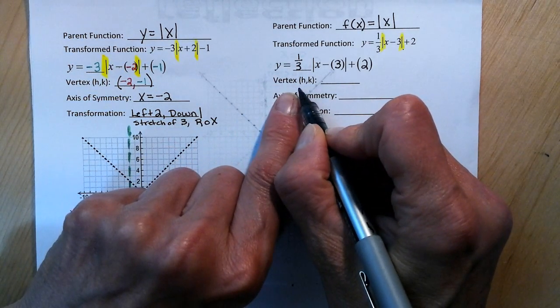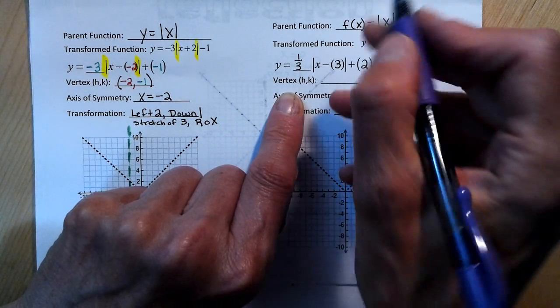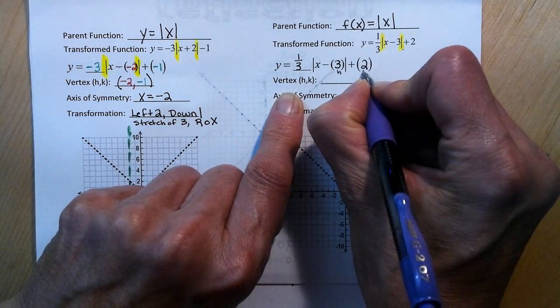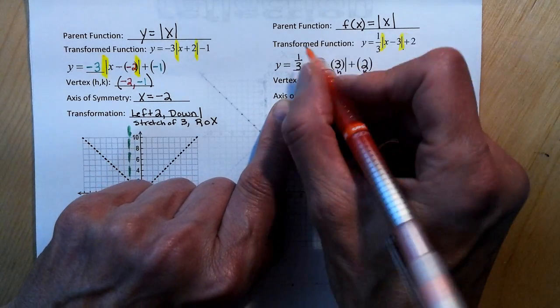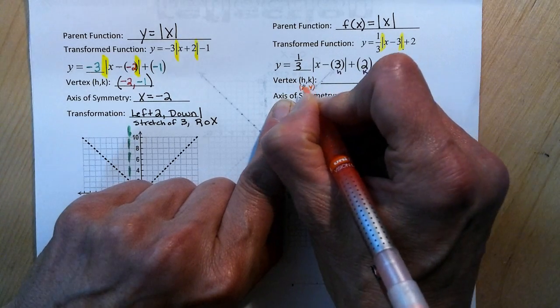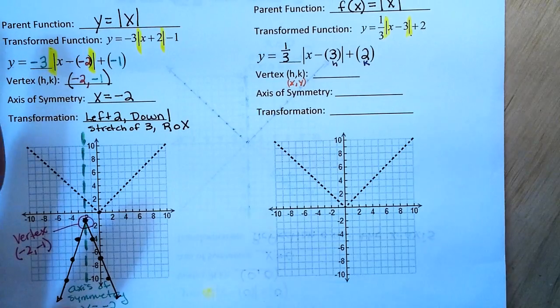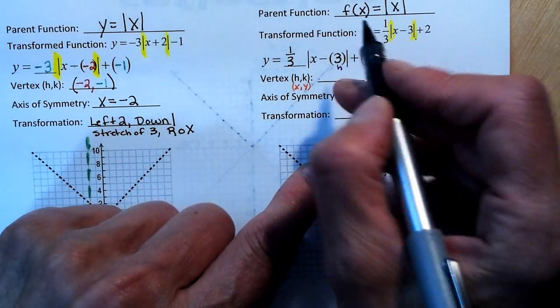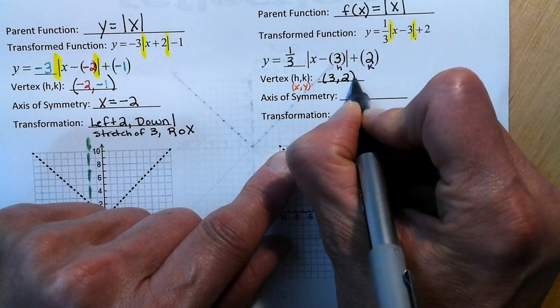So to find the vertex, I simply have to look here. Again, this is my HK, and my HK is a very special coordinate XY. It's just a specific name for that coordinate. So when I'm looking at my HK, I have a positive 3 and a positive 2.